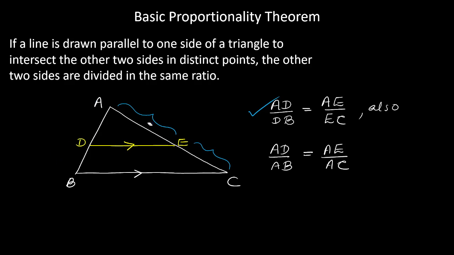Or you may take the ratio in another way also, AD by AB. Then the corresponding ratio on the other side will be AE by AC. Same way I have taken the ratio. AD by AB equals AE by AC. All of you clear? Please respond. Everyone is clear.